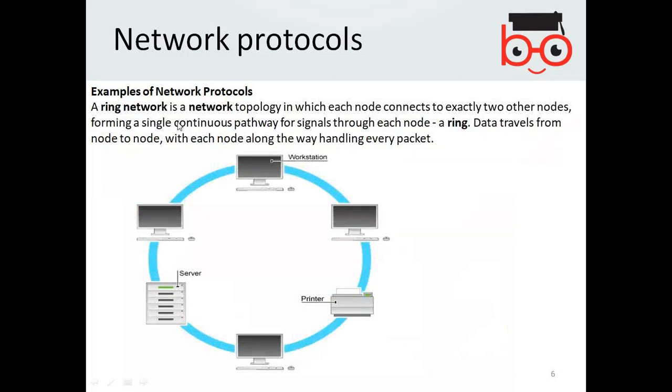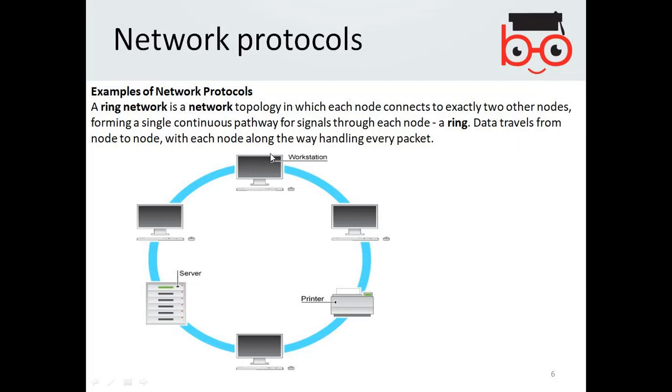A ring network is a network topology. Topology is a physical or pictorial representation of how the network will be shown, in which each node connects to exactly two other nodes.